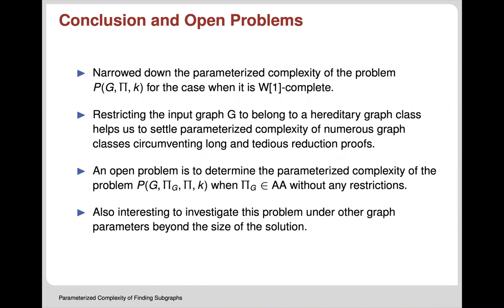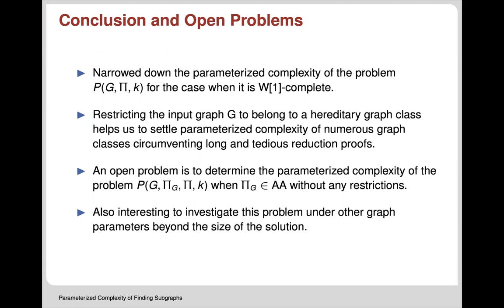I don't have a specific graph class, but the restriction which we give does cover some known graph classes. I think there's still scope for improvement, that maybe we can reduce some of the restrictions and cover more graph classes. But as of now, I don't have a graph class in mind.